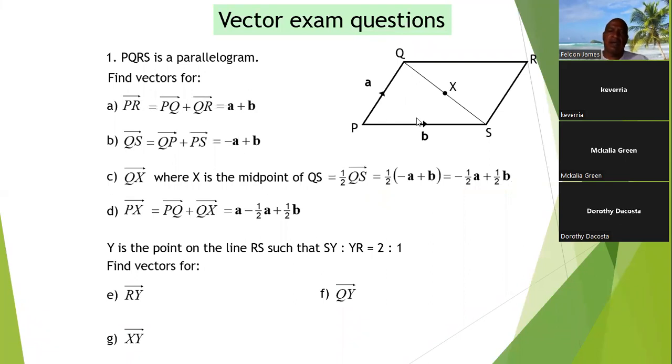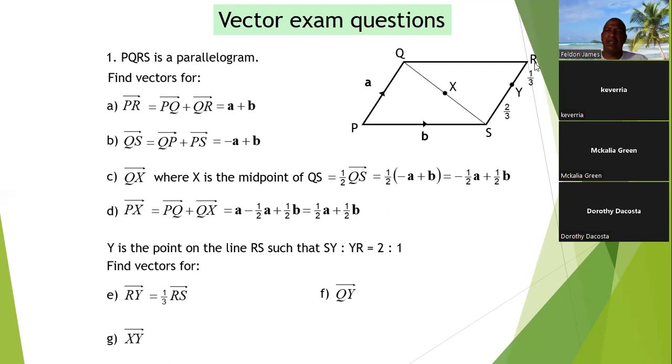All right, now for down here, when we talk about the ratio, that's 2/3 and that's 1/3. So we could say that RY would be equal to 1/3 of RS.